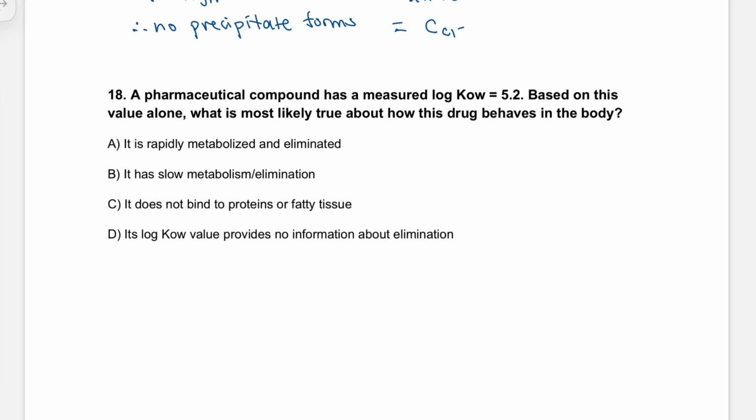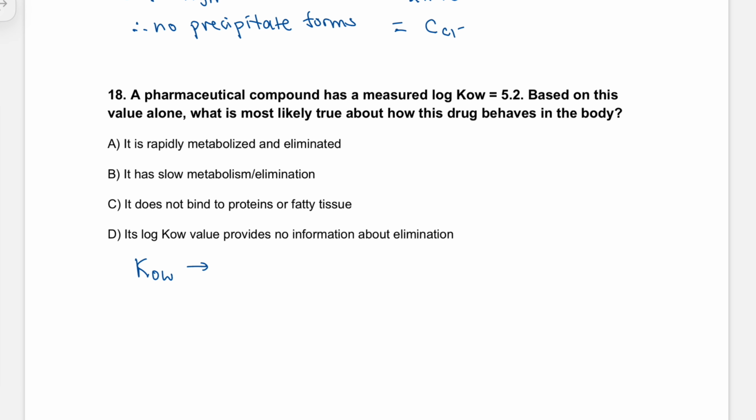A pharmaceutical compound has a measured log K of octanol of 5.2. Based on this value alone, what is most likely true about how this drug behaves in the body? So we need to understand what K of octanol is.